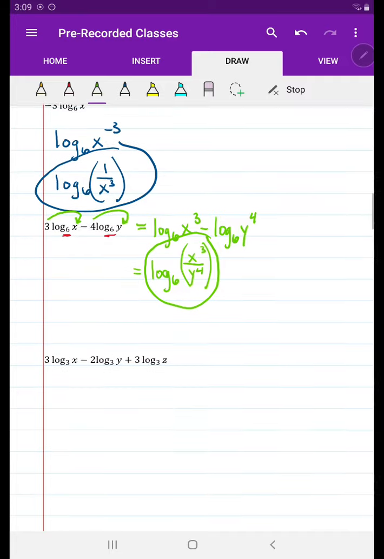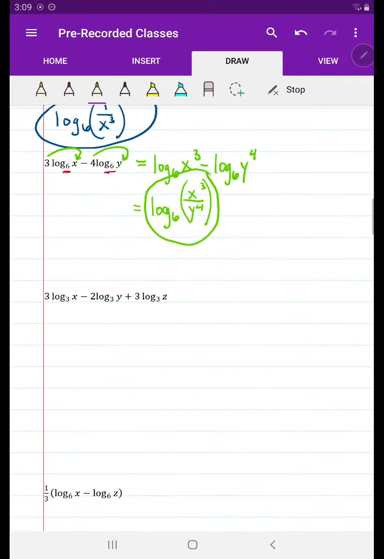Now, this next one is a bit more complicated because we have more going on. We have 3 different logs. So we've got some mixes of division and multiplication going on. And how we're going to deal with this is anything that is positive is going to go in the top of the fraction.